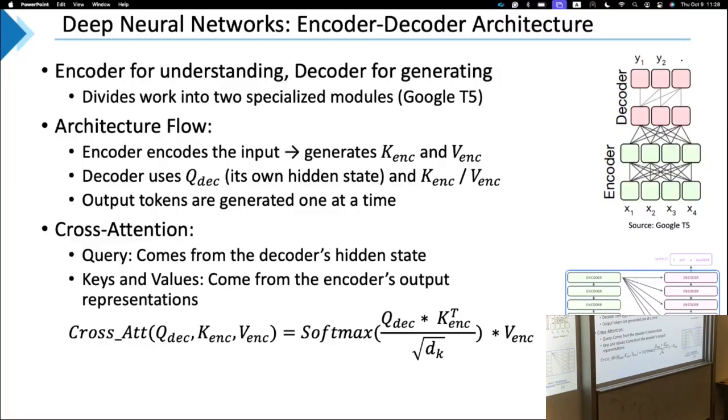So they also adopt a mechanism called cross-attention. For example, if I have a sentence input here, and let's say I use 5 encoder blocks, I do it one by one, so I do a forward pass, right? And after this forward pass, it will generate 5 layers of K and V vectors, right?